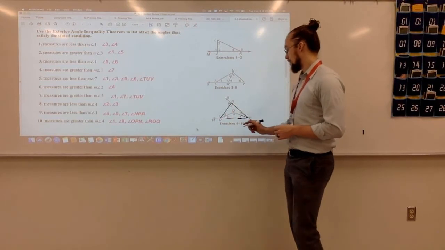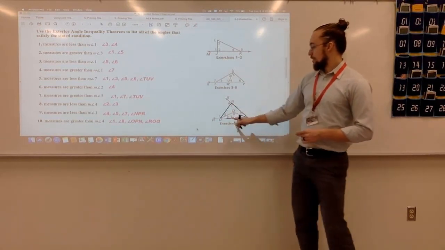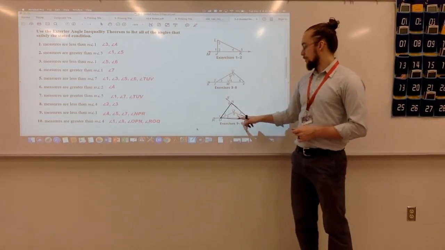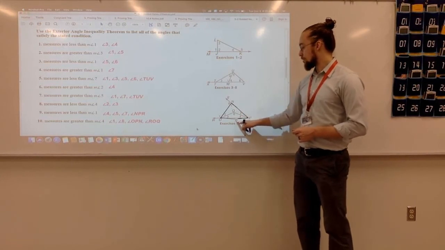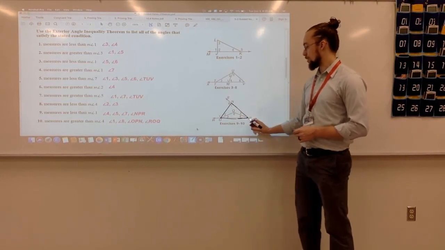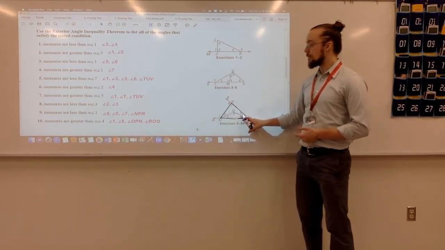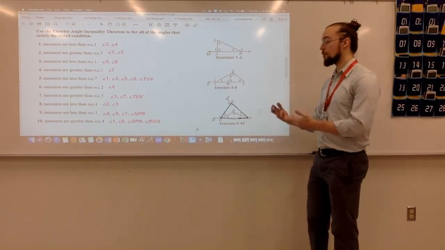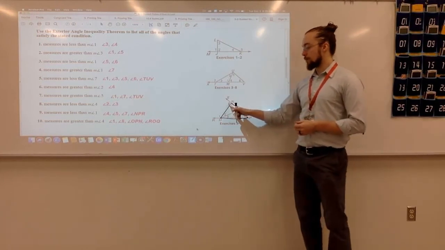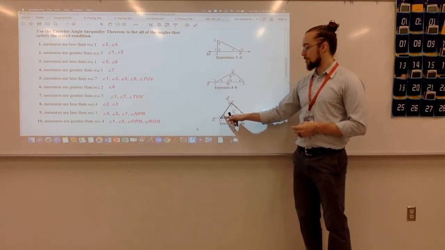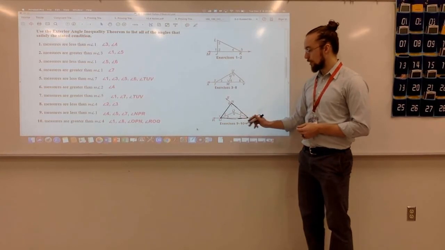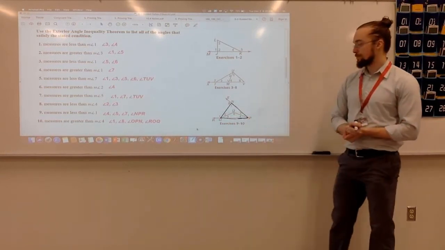So if I look at this triangle that's got angle 1 exterior, I could say angle 1 is greater than this whole angle here, which means angle 1 would have to be greater than just a piece of that angle, which is angle 4. Same logic for angle 8. Angle 8 would have to be larger than this whole angle, so angle 8 would have to be larger than just this angle.